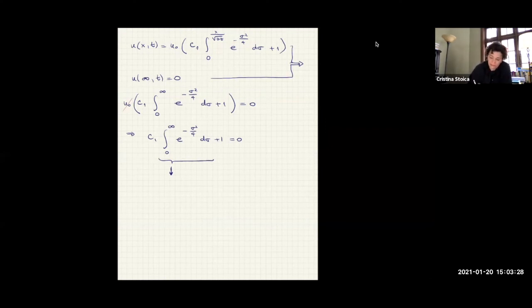There is a fundamental integral formula that tells us that the integral 0 to infinity of e to the minus a x squared dx is actually a half root of pi over a. So this is a formula that we know.